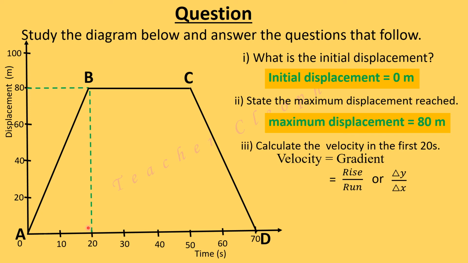Therefore, we substitute the values for the rise and the run as 80 divided by 20. 80 divided by 20 is simply 4, and this 4 is meters per second. So that becomes our velocity for the first 20 seconds, or between point A and B.